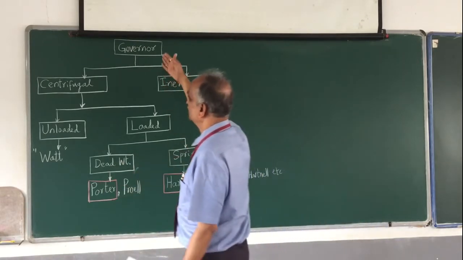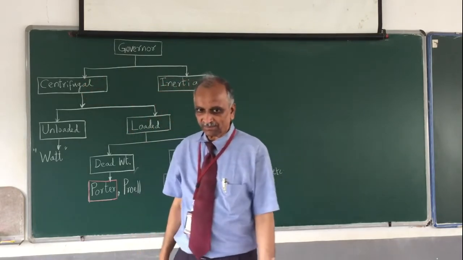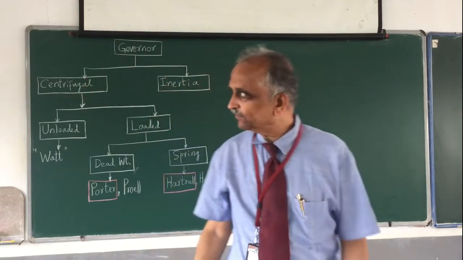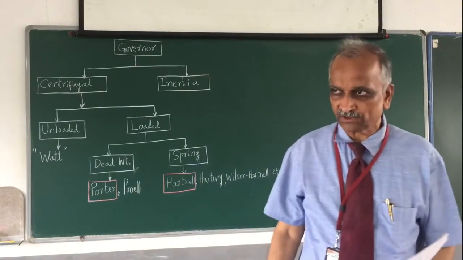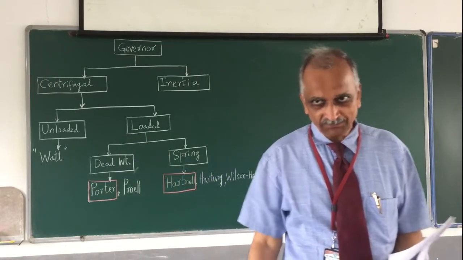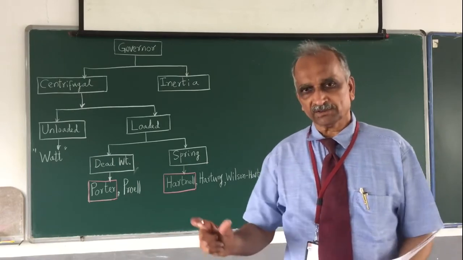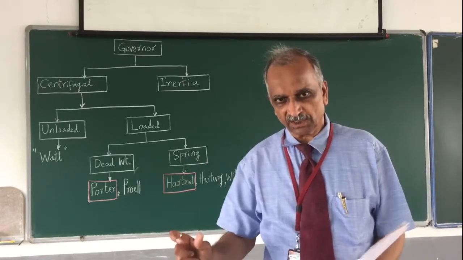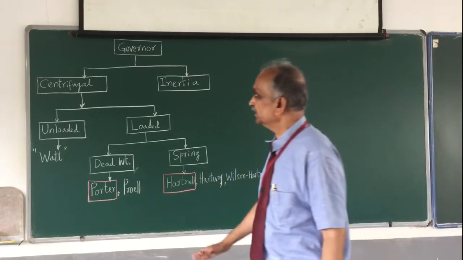So there are basically two types of governors, centrifugal governor and inertia governor. Centrifugal governor works on the basis of the change in the centrifugal force. As you all know, centrifugal force is equal to m omega square r. When omega changes, centrifugal force changes, and therefore the change in speed, d omega, is responsible for the change in the centrifugal force.